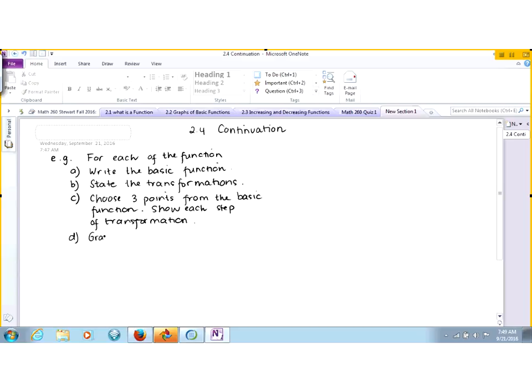And then the last one is, graph the transformed function. All right, so that's what we want to do. Number 1 is f of x is equal to 2 times (x minus 3) squared minus 4.